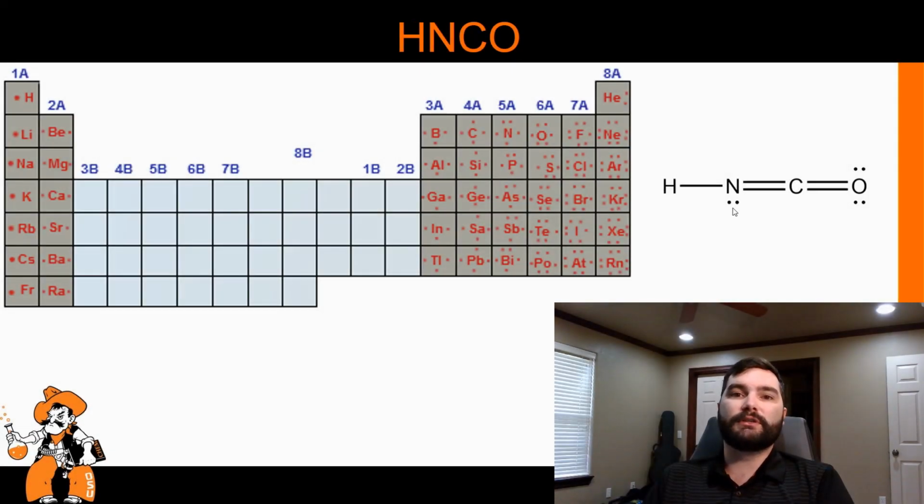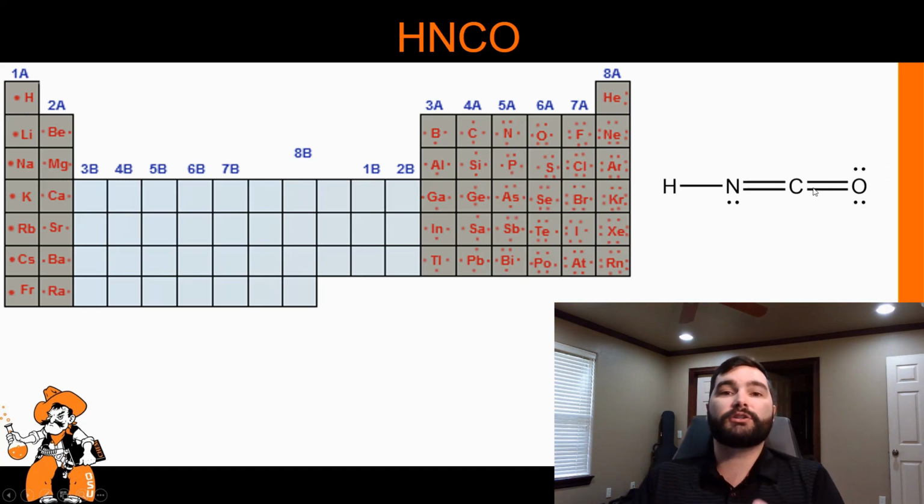So here we see the Lewis structure for our next compound, hydrogen cyanate. So this structure, you can see we do have some double bonds in it. And that is going to alter the shape of our molecule significantly. So let's break this down a little bit. So around the oxygen atom, you have 3 regions of electrons. You have 2 lone pairs and then one bonding region.